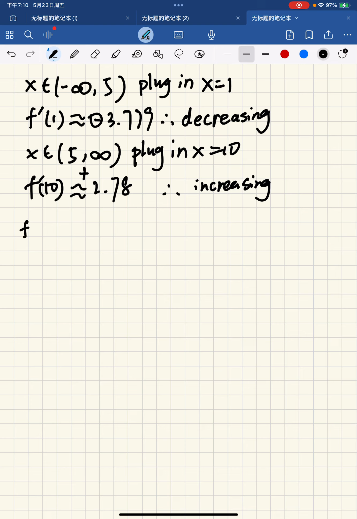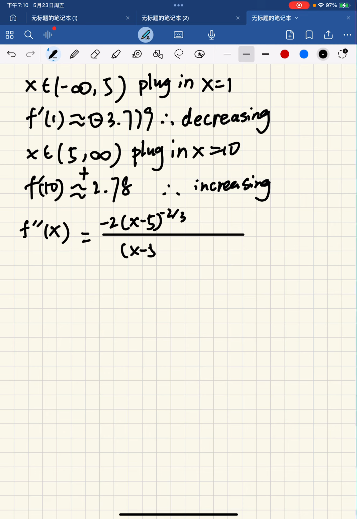So first of all, we need to calculate the second derivative of f(x), which is, we can do a further simplify. It will equal to, same as the question that we did before.